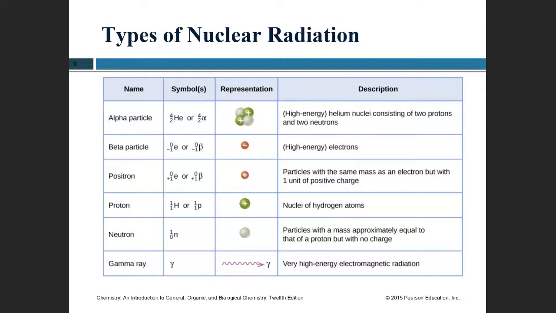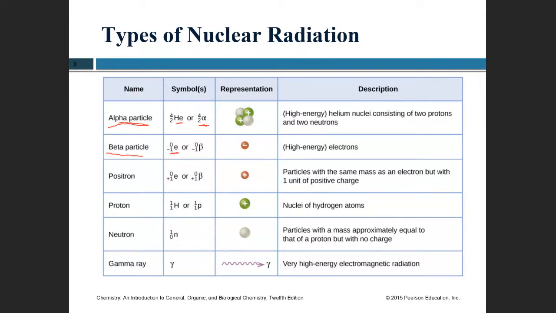We have something called alpha particles, which are given the symbol alpha, 4 2, or the nucleus of a helium atom, helium-4. The beta particles take the symbol of an electron, beta -1, negative electrons.